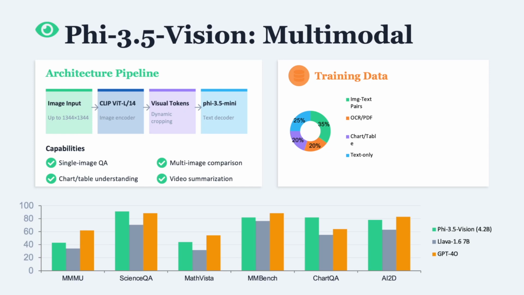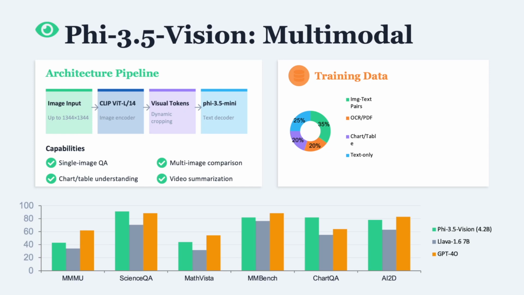Next, Phi 3.5 Vision brings the model into the multimodal setting. It combines a visual encoder with the Phi 3.5 mini text decoder, allowing image and text tokens to be processed together. A key feature is dynamic cropping, which helps to handle different image sizes and aspect ratios more effectively.